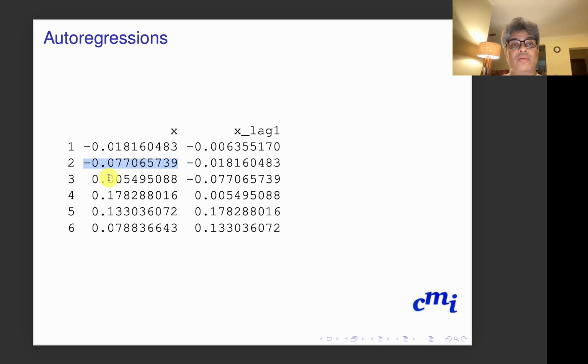Similarly, this particular value is the lag value of the third value. This is the second value, the lag of the third value. So now you take the second value and place it here. So in the second column is the lag column: each value is the lag value of the previous value.